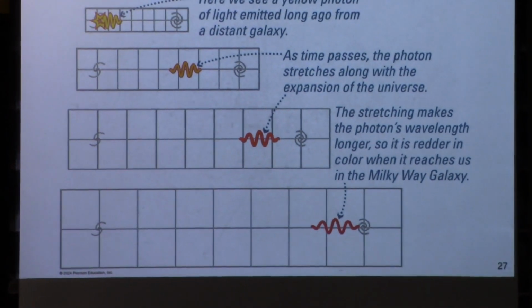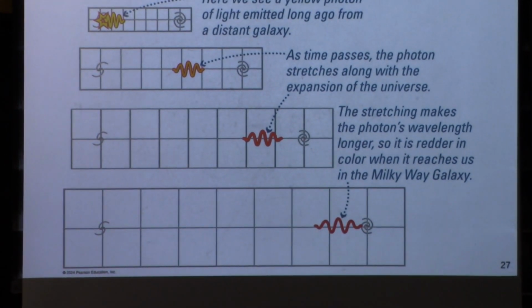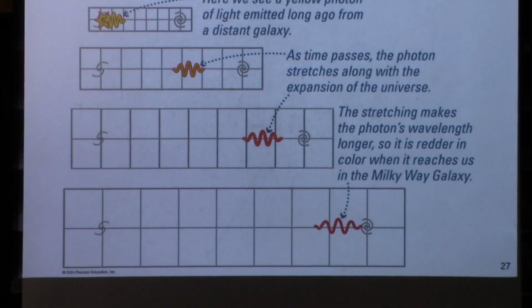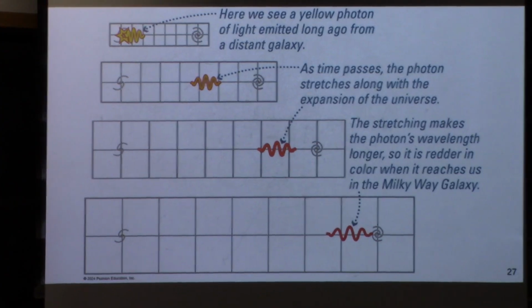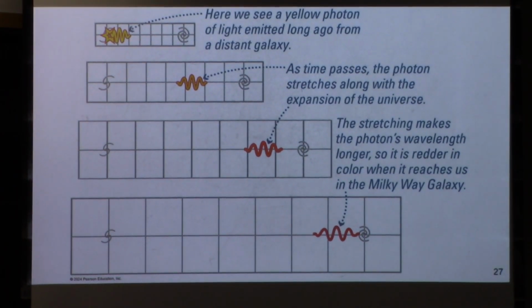So, what takes longer to reach us? A photon coming to us from a nearby galaxy or a photon coming to us from a distant galaxy? The distant galaxy. That photon takes longer to reach us.